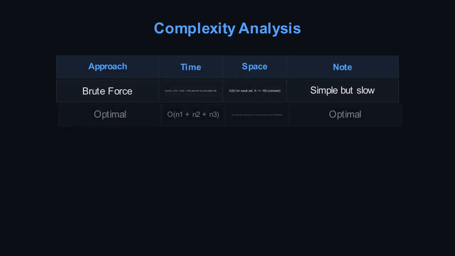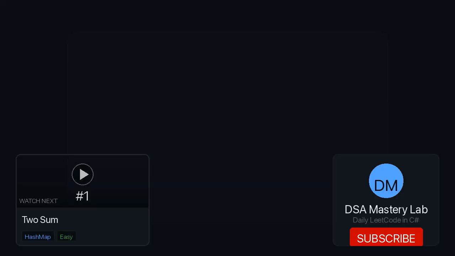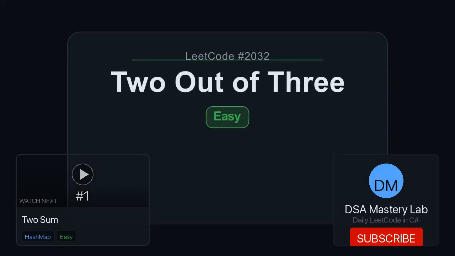Time complexity is O(n1 + n2 + n3), due to iterating through each array once to build the sets, and then iterating through the frequency array. Space complexity is O(1), constant, because the frequency array size is fixed at 101, regardless of input array sizes. This frequency array pattern is incredibly useful.